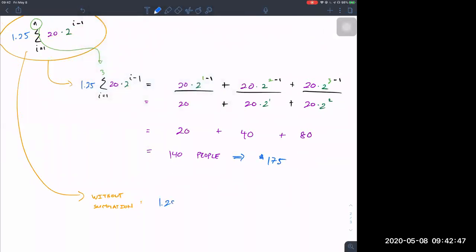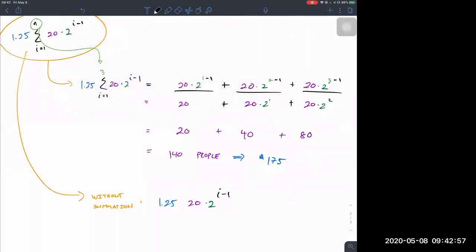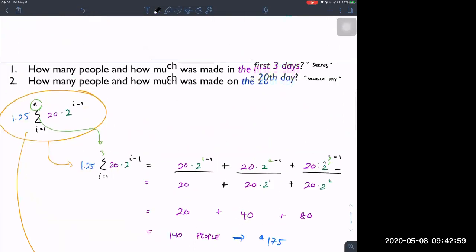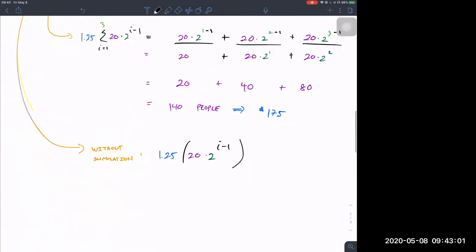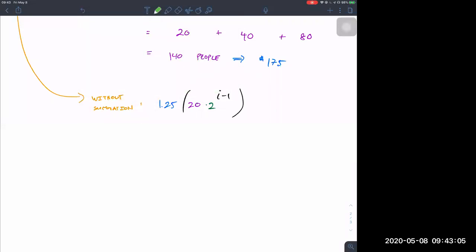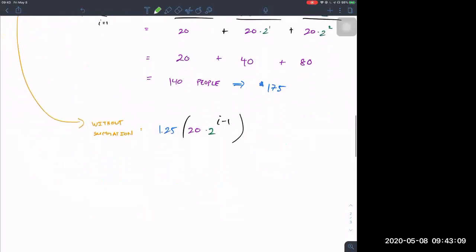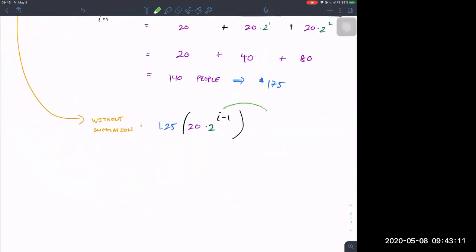Just $1.25 times 20 times 2 to the i minus 1, right? And then it tells you the 20th day. So all you do now is you substitute 20 for i.